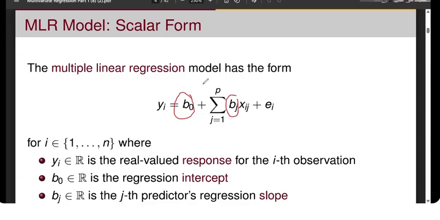Let me also say this. This part is the systematic part of a model, which we also call the deterministic part. This part is the error term, the error part, which we also call the stochastic part.